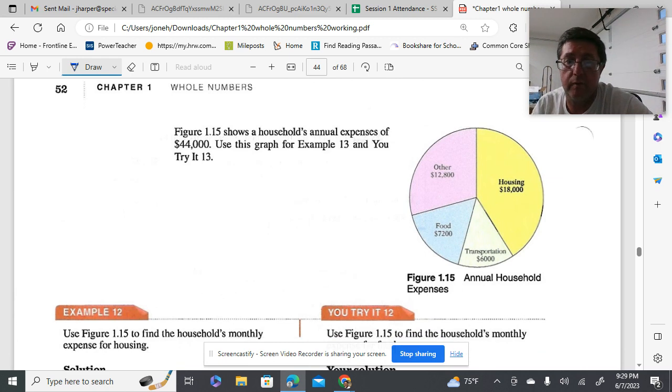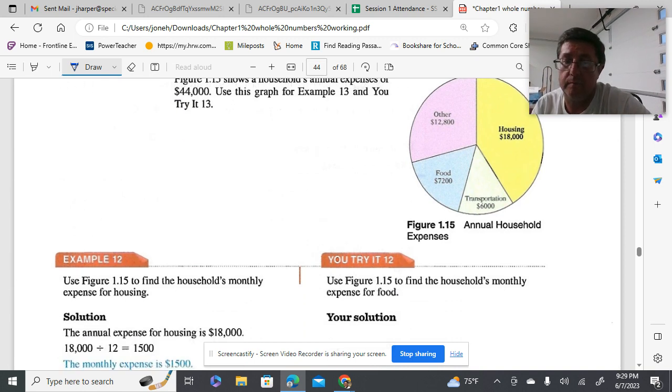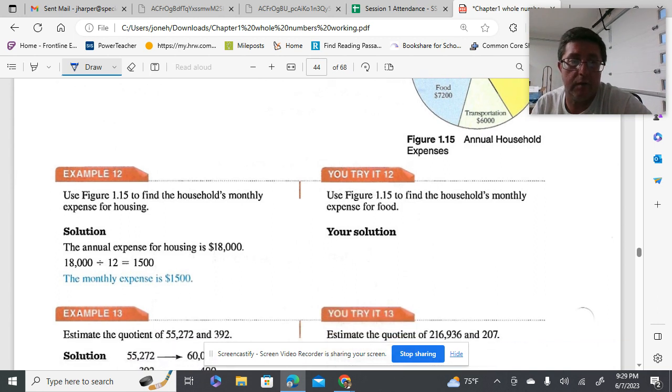Okay, so figure 1.15 shows a household annual expense of 44,000. Use this graph for example 13, and you try 13. The annual expenses for housing is 18,000.